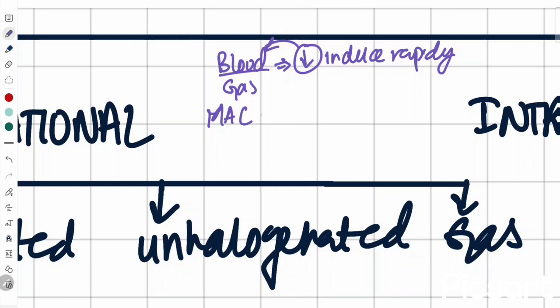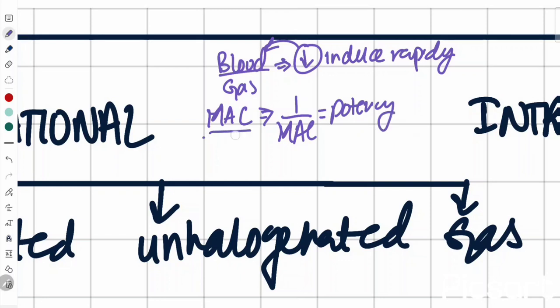The definition of MAC is the minimum alveolar concentration of any anesthetic that is required to prevent 50% of the subjects from moving in response to a noxious stimulus. So 1 by MAC is equal to potency.